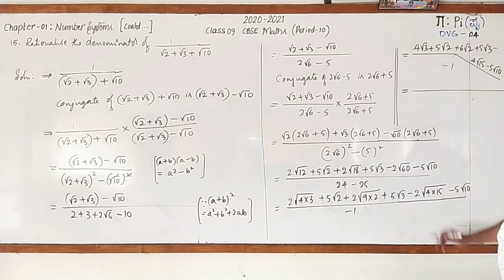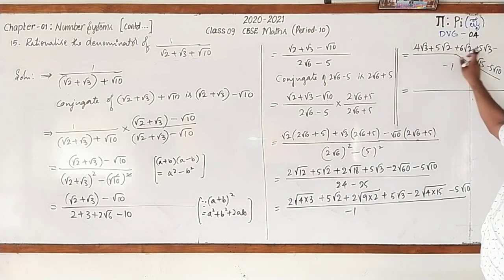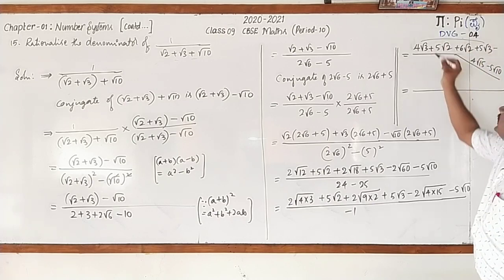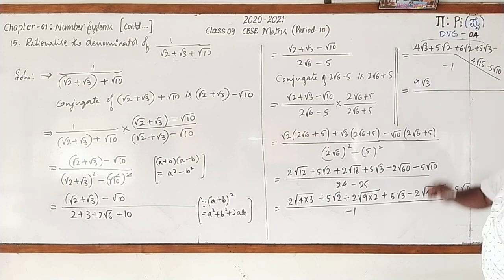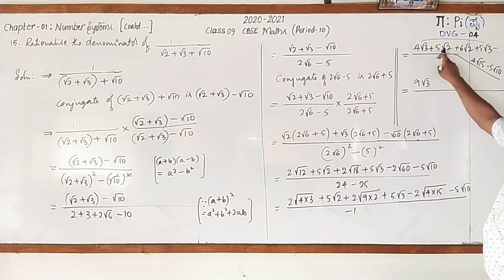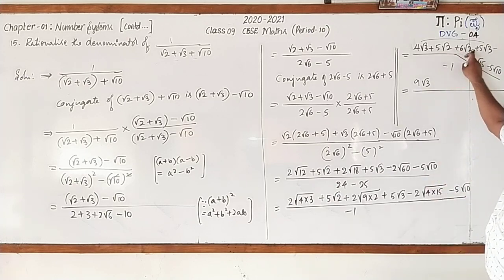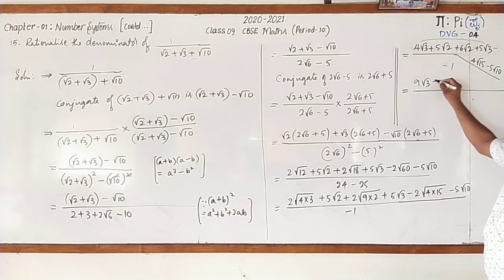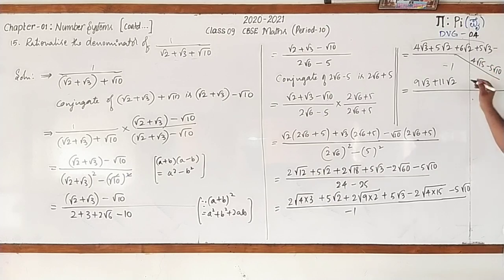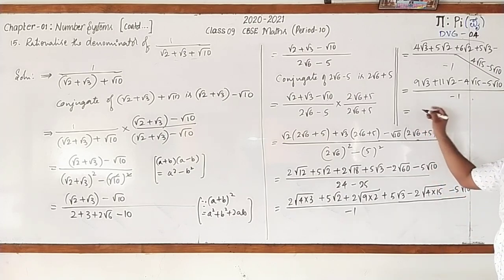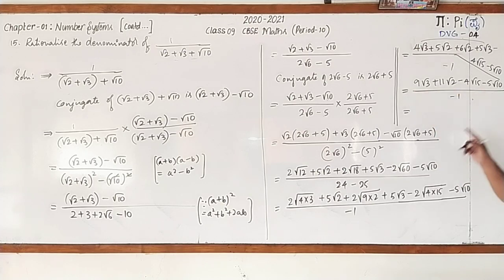Now you just go for taking like terms. Here 4 root 3, 5 root 3, these two. It will be 9 root 3. Then 5 root 2 and 6 root 2, root 2 is there, 5 plus 6, 11 root 2. Next, minus 4 into root 15 minus 5 into root 10, divided by minus 1. Okay. Now multiply minus with all the terms.